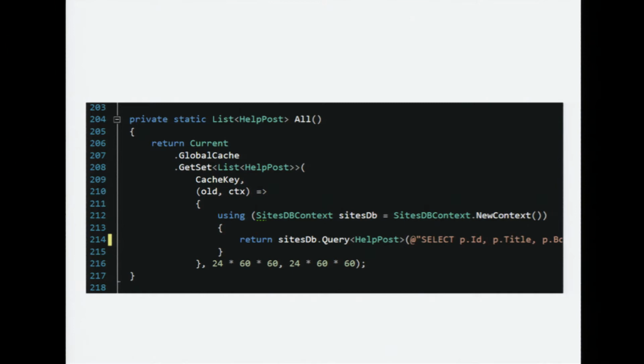Yeah, so as you can see here, I think this is a good example. It has all the bad things that we do to make it faster. It's got static methods, which you should never use because they're not friendly with unit tests, but they're really fast. We have getSet. That getSet method is our own library to access all the caching. All the caching is done in that one line. And we also show that to access the DB, we use a library which we built, called Dapper, which is really powerful.